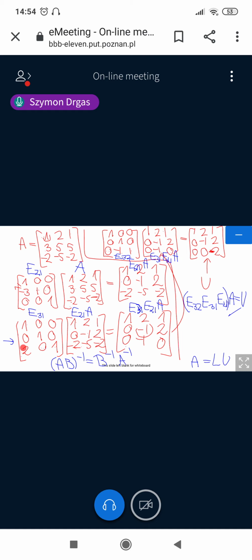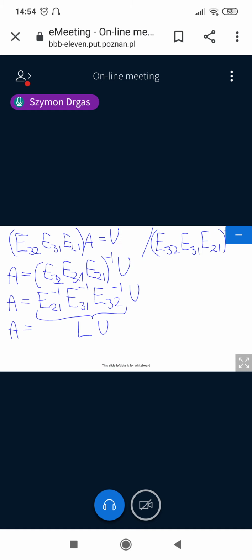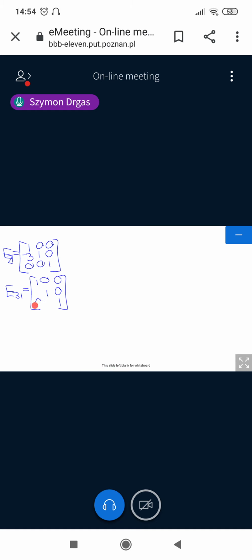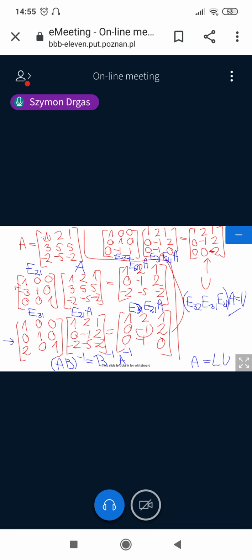In the case of E31, we need to place 2, and E32 also has ones on the main diagonal, and it was -1, as far as I remember.